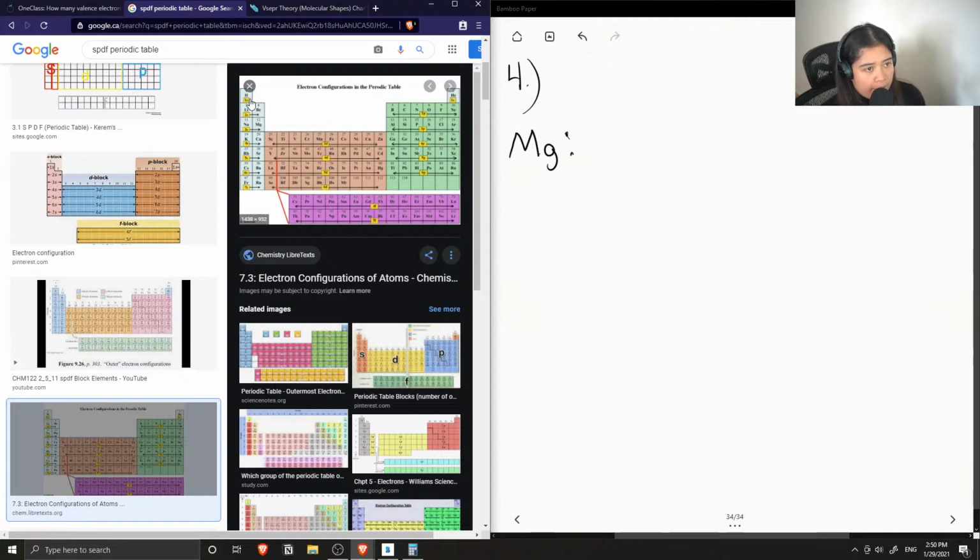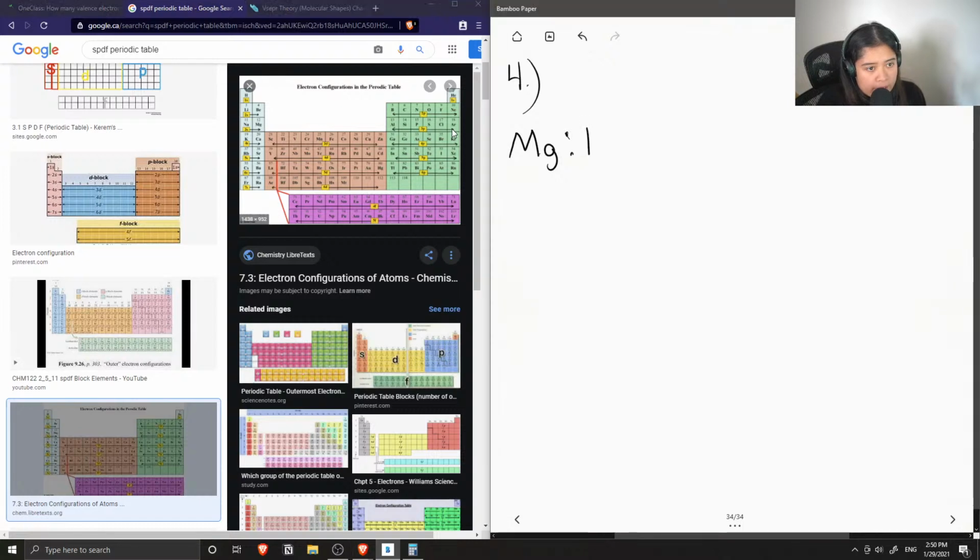And starting from hydrogen, we move left to right across the periodic table, writing the row number, followed by the block letter. And to show how many electrons are in each orbital, we'll use superscripts. So every s orbital is able to hold a max of 2 electrons, and the p orbital holds a max of 6. Okay, so let's start to write the electron configuration.